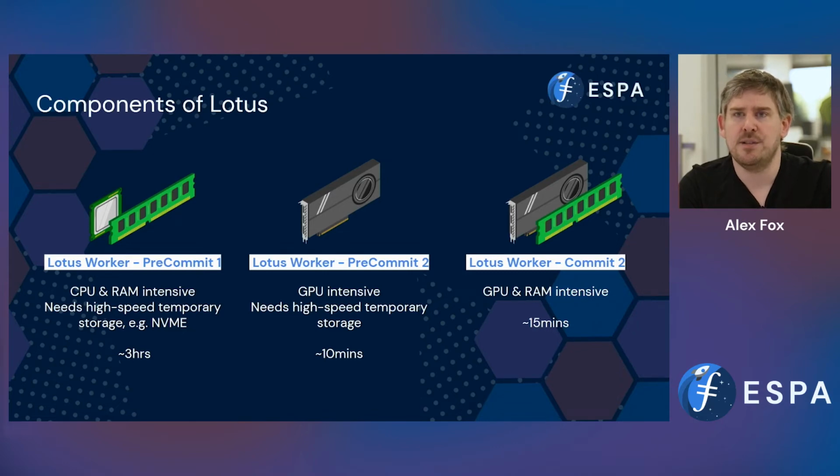And generally, pre-commit 1 will use 4 CPU cores for around 3 hours per 32 gigabytes of data that we're sealing. Consumes around 65 gigs of RAM and uses around 460 gigs of high throughput storage.